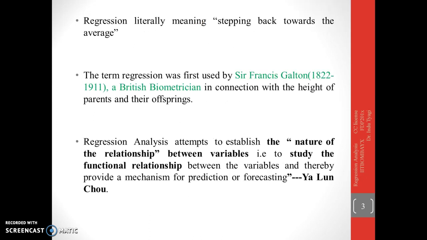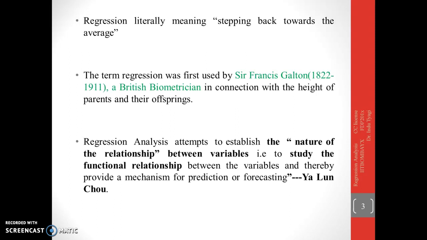Regression literally means stepping back towards the average. The term regression was first used by Francis Galton, a British biometrician, in connection with the height of parents and their offspring.